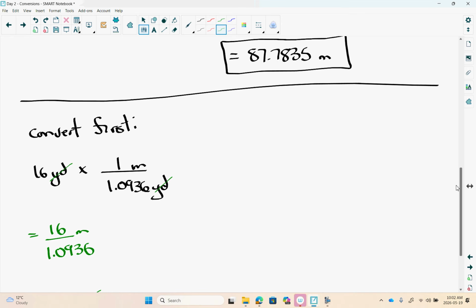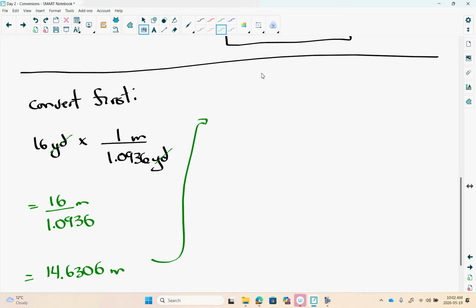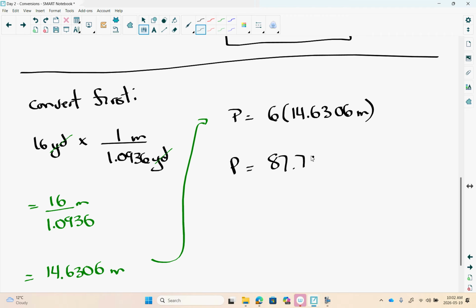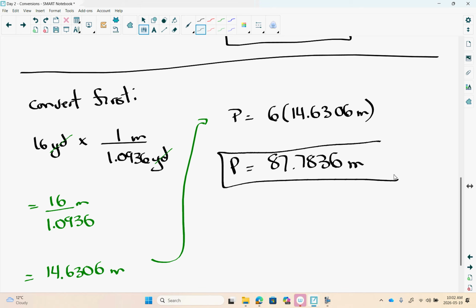And then what would I do with that number? I'd multiply it by 6. And when I take 14.6306 and multiply it by 6, I get 87.7836 meters.